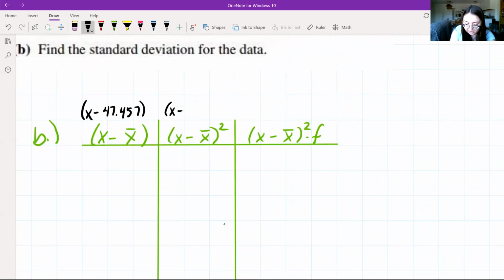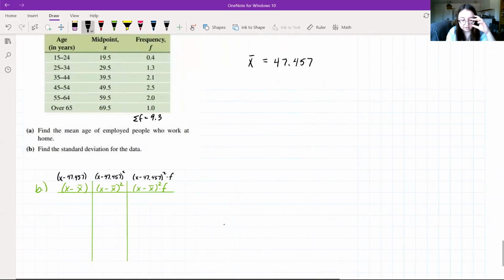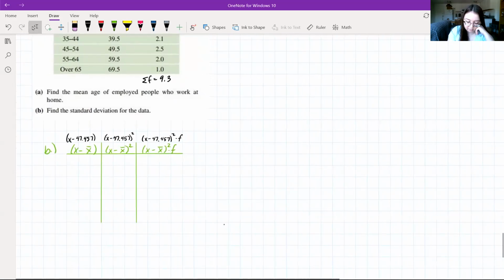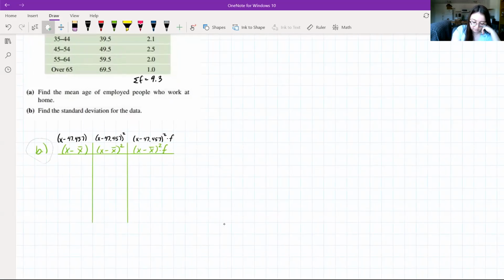Then x minus 47.457 squared. And then x minus 47.457 squared times your frequency. All right, so remember our first midpoint is going to be 19.5. Let me scoot this over just a little bit.